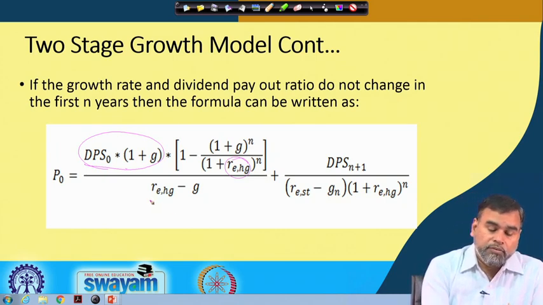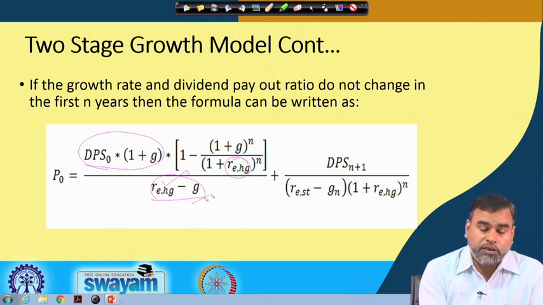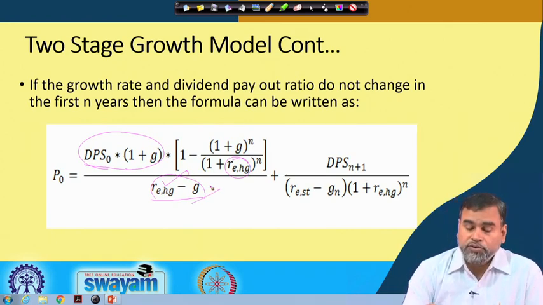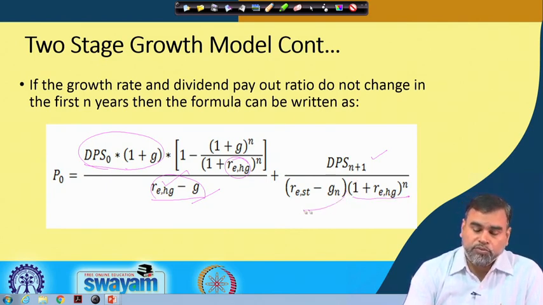Then your r e minus g, which is nothing but the high growth period cost of equity minus the growth rate of the dividend in that particular period, plus your DPS n plus 1 divided by 1 plus r e s g to the power n, because you are discounting it with respect to this. Finally, you are using the constant growth model.